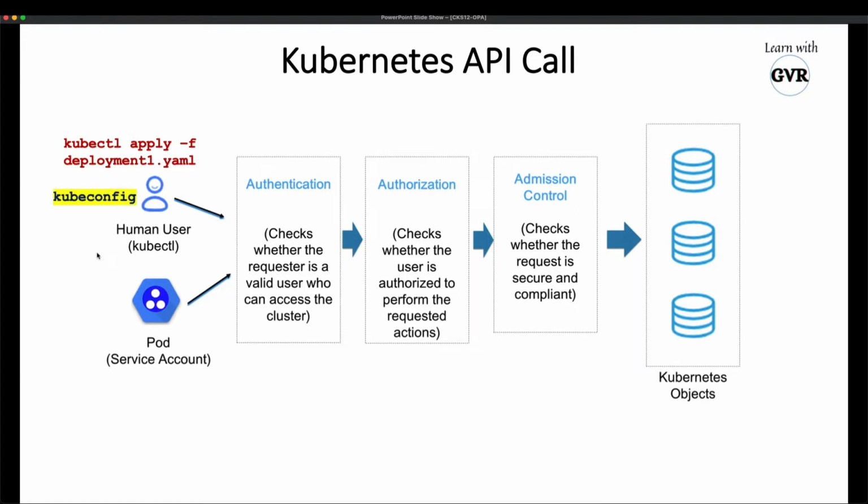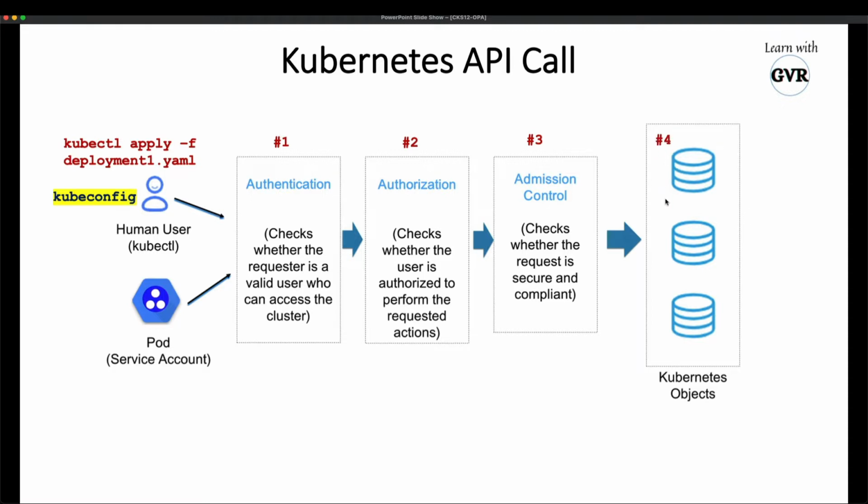First, an existing user goes through the authentication phase, then the authorization phase, and after that admission control comes into the picture. Authentication checks who the person is, whether a legitimate user or not, and authorization checks whether he has access rights. These two are the security checks. Then the third check is admission control.